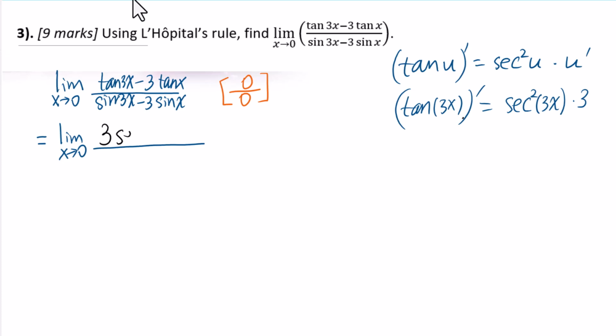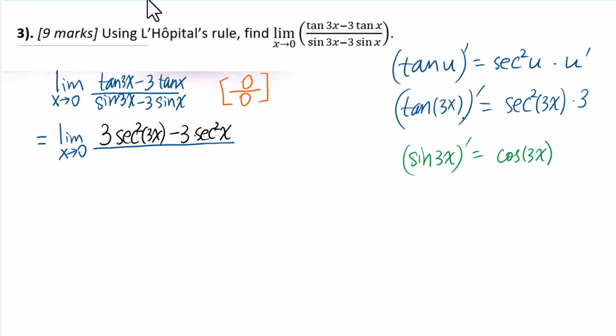3 secant squared 3x minus 3 times secant squared x. Sine 3x prime equals cosine 3x times 3 because of chain rule. 3 cosine 3x minus 3 cosine x equals limit as x approaches 0.